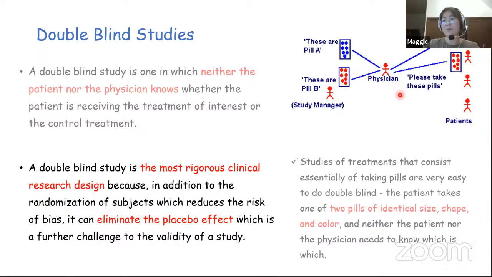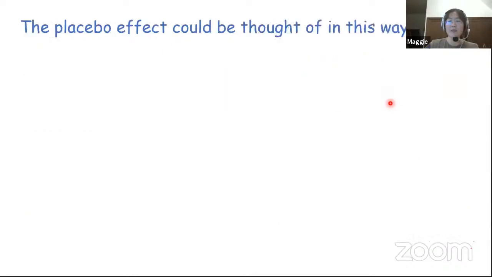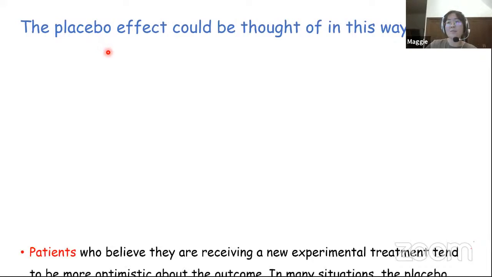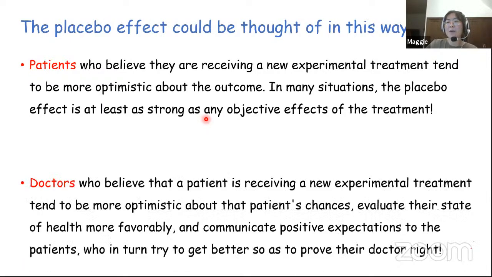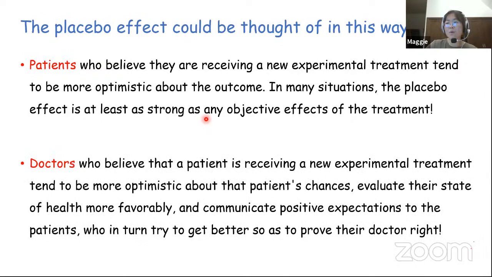This double-blind study is the most rigorous clinical research design because it can eliminate the placebo effect of the study. Why do we have the placebo effect? Placebo means that we don't have effective medicine inside the pill. However, some placebos still have an effect as strong as the evaluated medicines, because the patients or the doctors are more optimistic about the new treatment.